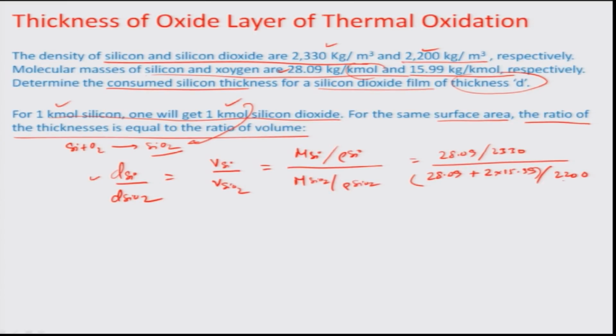So this many meter cubes of silicon dioxide. The volume ratio between silicon and silicon dioxide comes out to be 0.44, meaning that the thickness of silicon exhausted to get a unit thickness of silicon dioxide layer is only 0.44, or 44% of the thickness is exhausted to get a 100% layer of silicon dioxide.